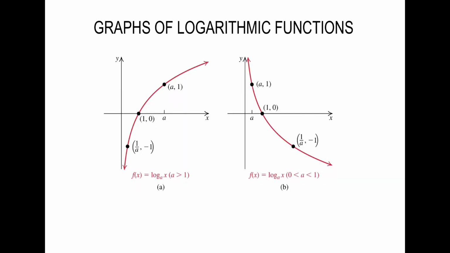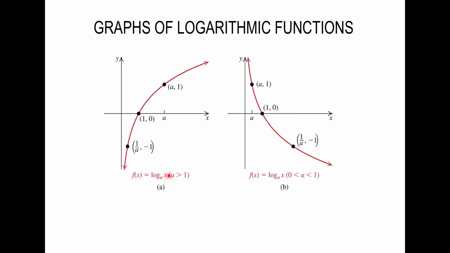We can look at some common patterns that we saw in all of the graphs that we graphed, that translate, and it all depends on your base of a. But you'll notice that (1, 0) was a point that we had, if it's a parent function, right? We haven't added or subtracted in any way. (1, 0) is a point whether a is greater than 1, or if a is a fractional value between 0 and 1.